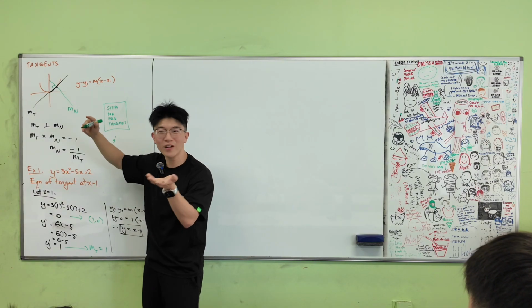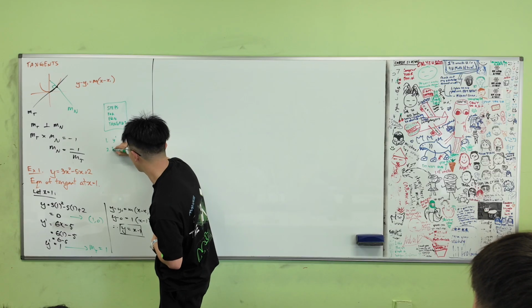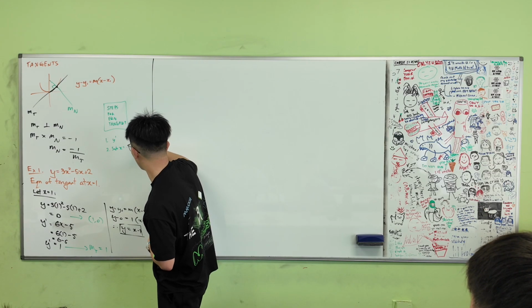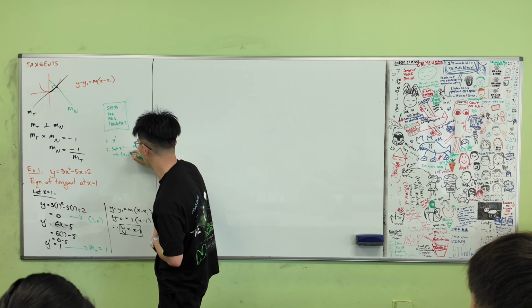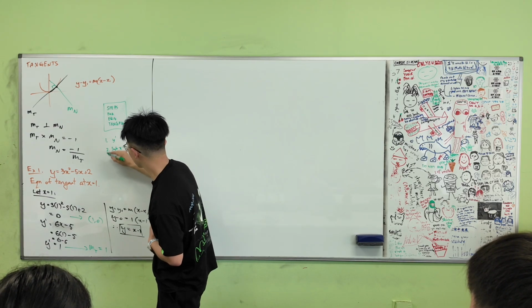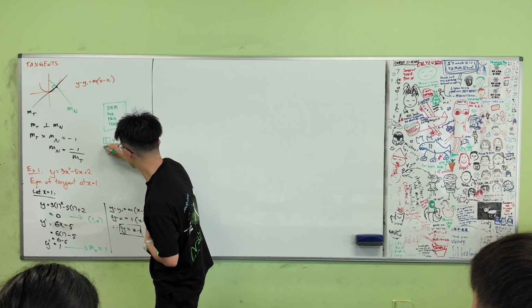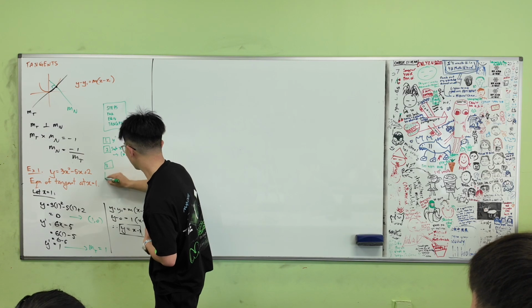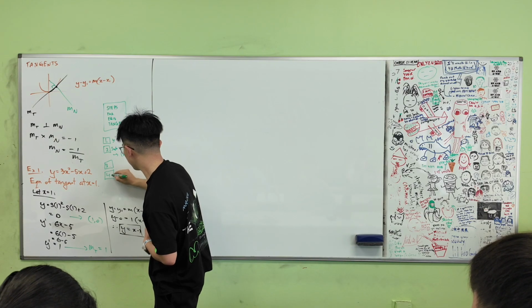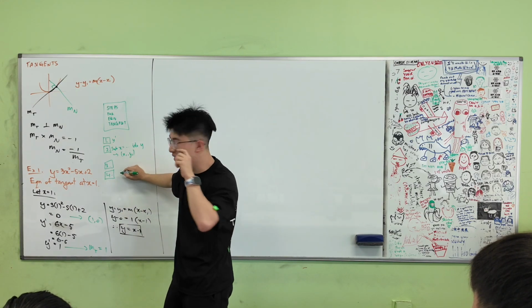A point. So let's go find a point. I'm going to sub x equals blah, blah, blah into y. And what that gets you is a point, (x1, y1).